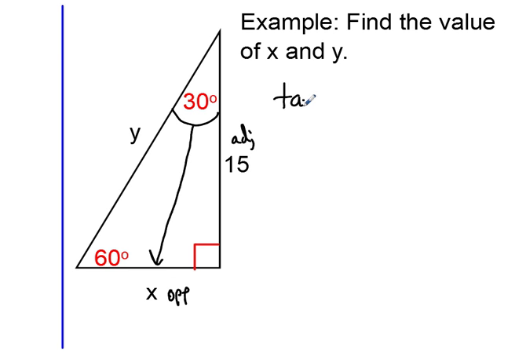So to find x, I need to do the tangent of 30 degrees is equal to x over 15. Notice in the theta spot is my angle 30, opposite is x, adjacent is 15. To get rid of the 15, we multiply by 15 on both sides. And now I just need to use my calculator to do 15 times the tangent of 30 degrees. I get approximately 8.66.